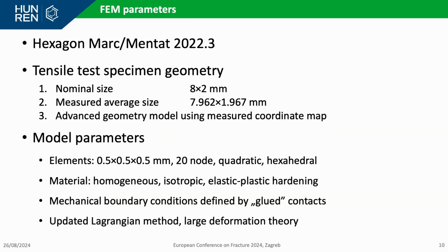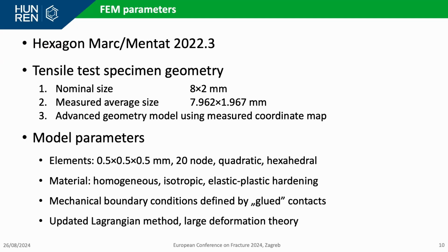So now we have the detailed geometry map of the specimen. We have good and reliable material properties, so we can build finite element models. In this presentation, I will show you 3 different models, and the only difference between these models is the geometry. The first model uses the nominal size, which is 8 millimeter width and 2 millimeter thickness at the cross section.